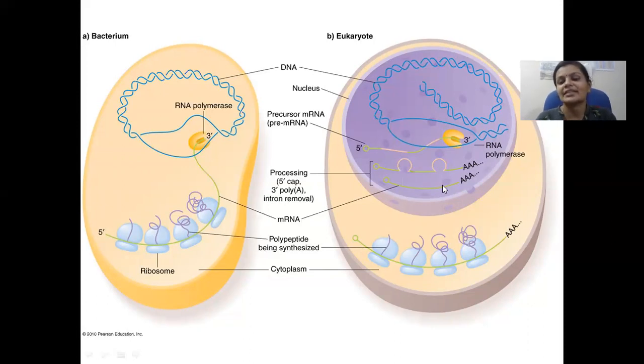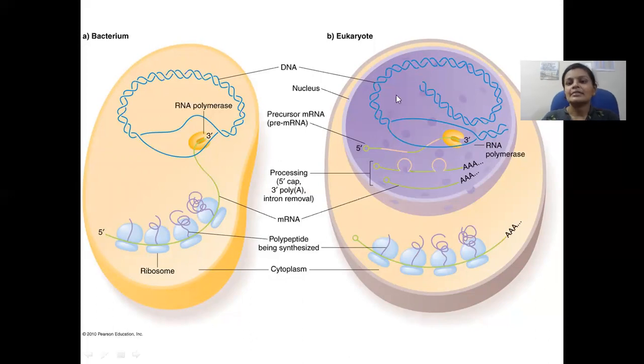So intron removal is happening, and after that these mRNAs need to be safely exported out of the nucleus and into the cytoplasm, where ribosomes are waiting for these mRNA molecules so that they can perform translation.